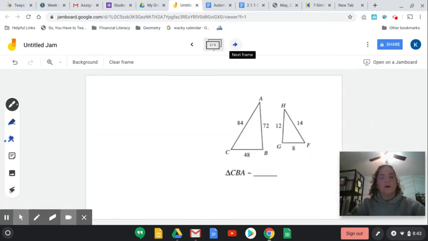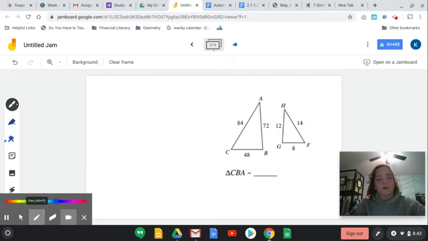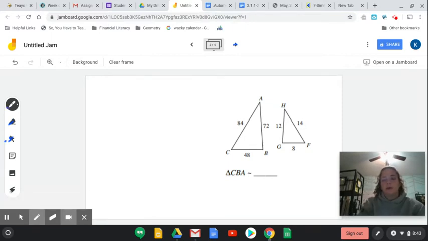I'm getting it. Okay, so here we have our two triangles right here. As you can see, we have the triangle similarity statement right there. So it's trying to say triangle CBA is similar to what triangle? Obviously, it's going to be some portion of FHG, GFH, whatever, but we have to make sure that the sides match up.